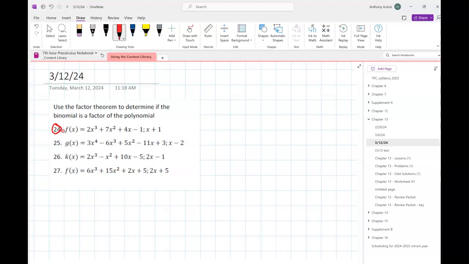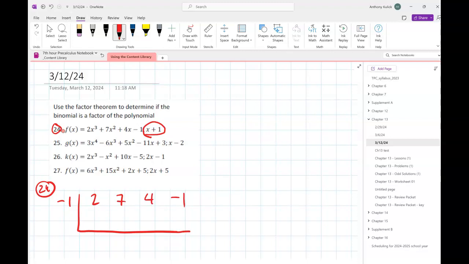So for 24, what number goes on the outside here for the polynomial division? -1. Great. And you got that by taking your x plus 1, setting it equal to 0, and solving, right? What numbers go on the inside? And that's it.